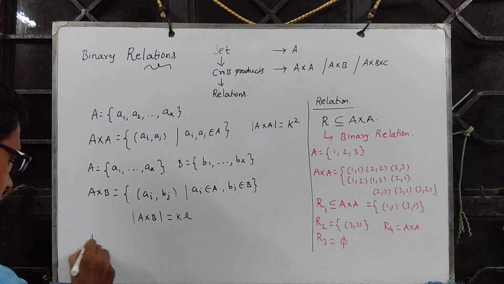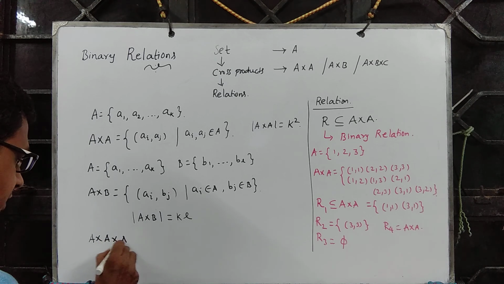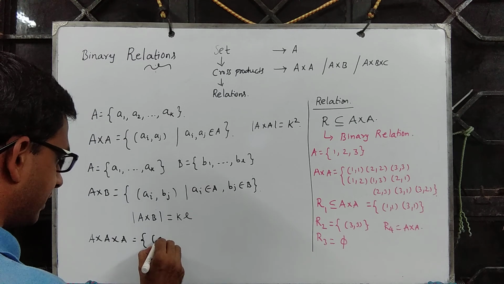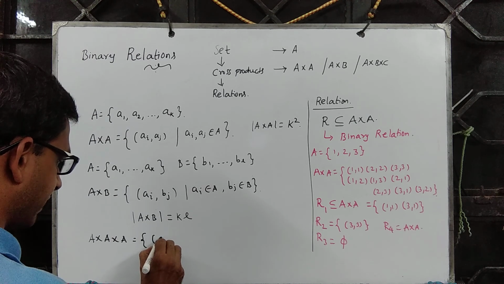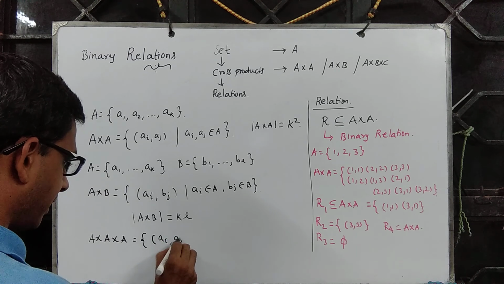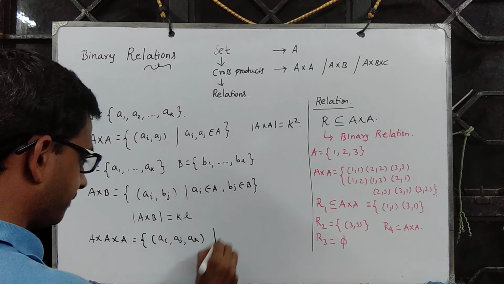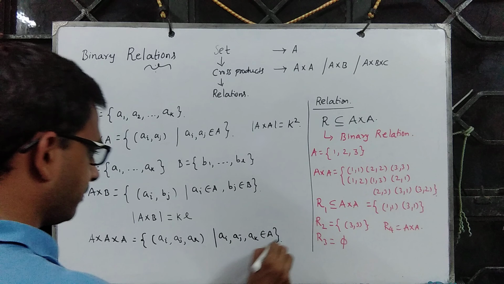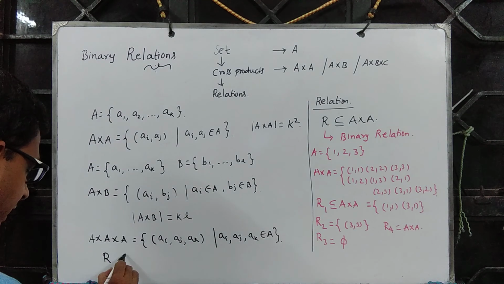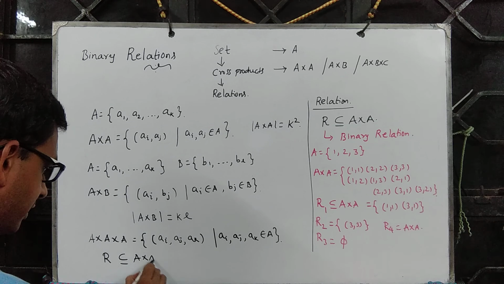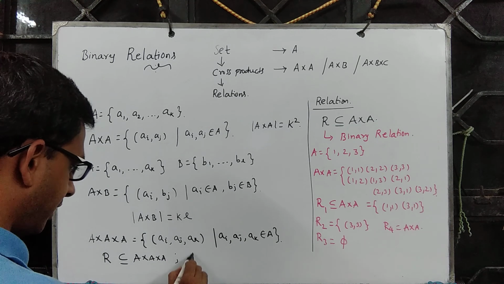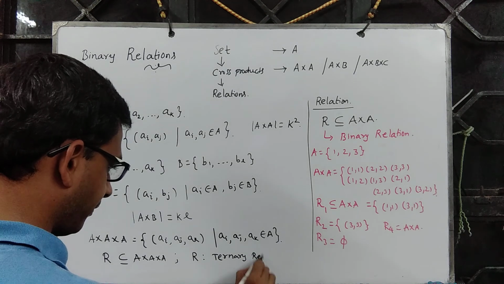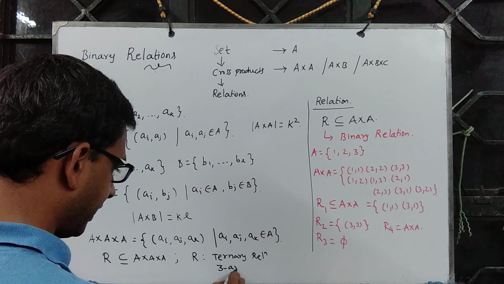If the cross product is A cross A cross A, then you get to see that it is not pairs, it is tuples of size 3. So (AI, AJ, AK), where AI, AJ, AK come from A. Now if a relation is a subset of A cross A cross A, then R is referred to as a ternary relation or a three-ary relation.